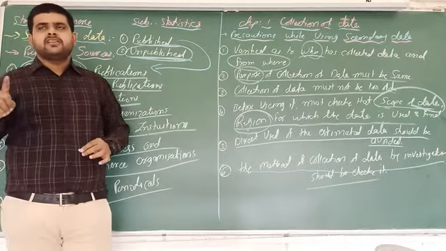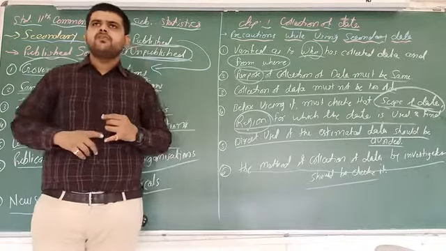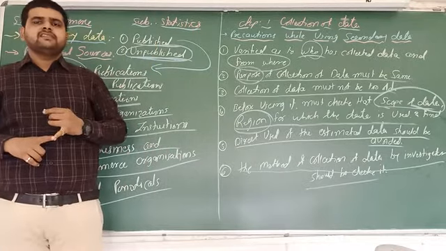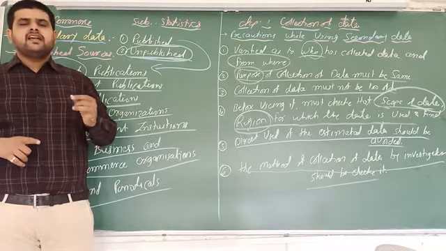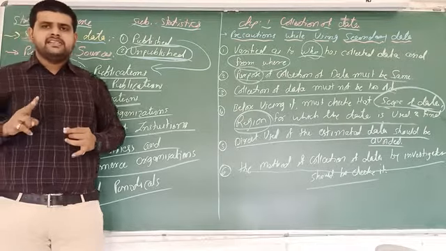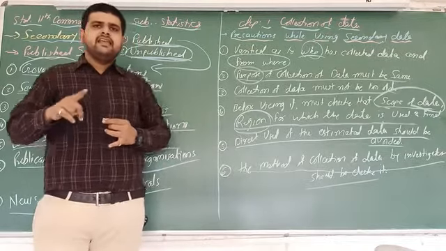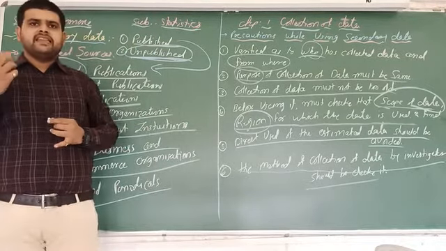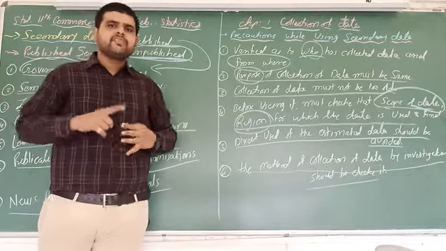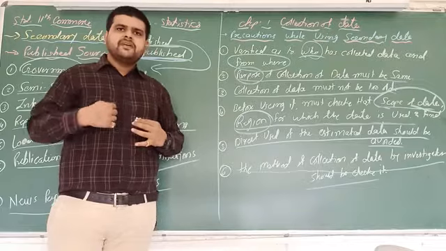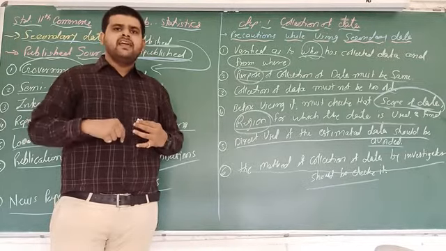Again, what we learned in the first chapter: first of all, growth and origin of statistics. Number 2, collection of data related to economic and non-economic activities. Then, after collection, there are 2 types of data, primary and secondary. In primary data collection, there are 3 types: direct personal inquiry, indirect inquiry, questionnaire by post, and questionnaire by enumerators.